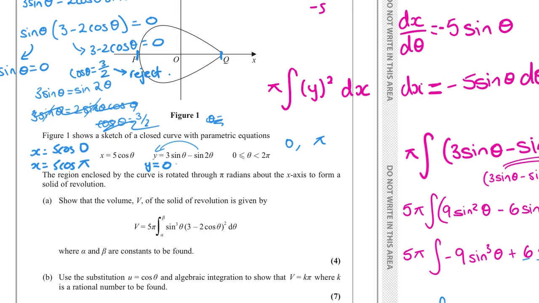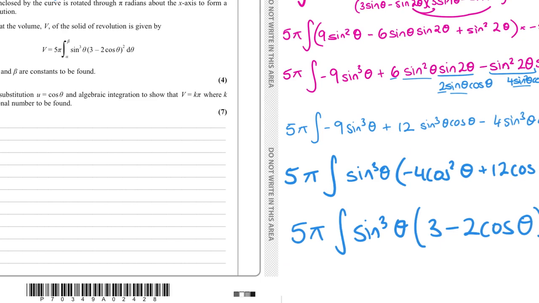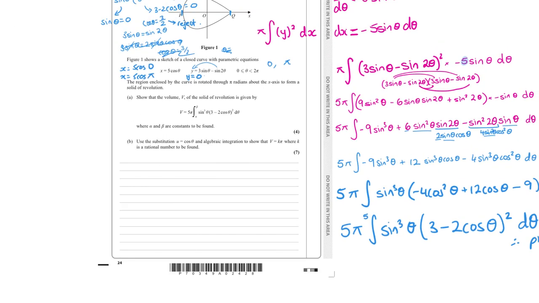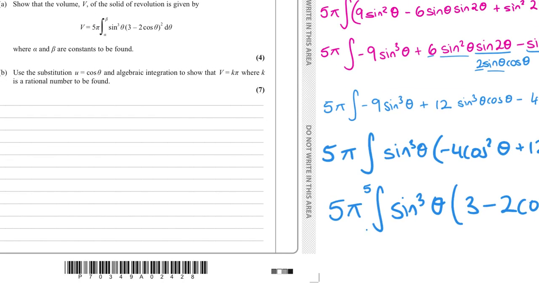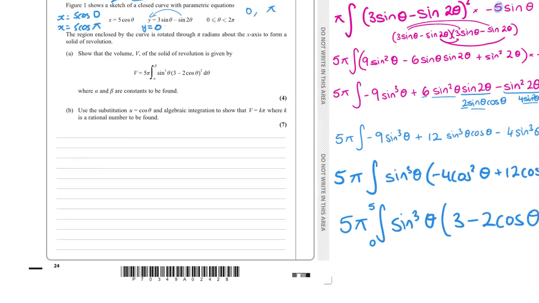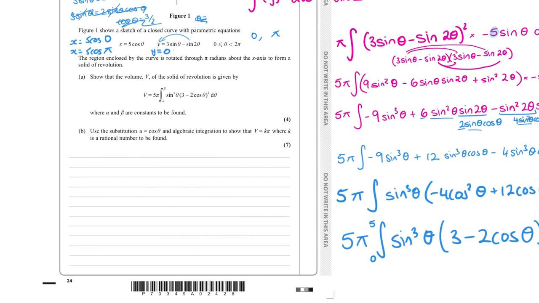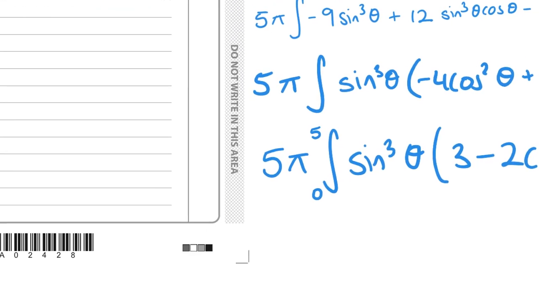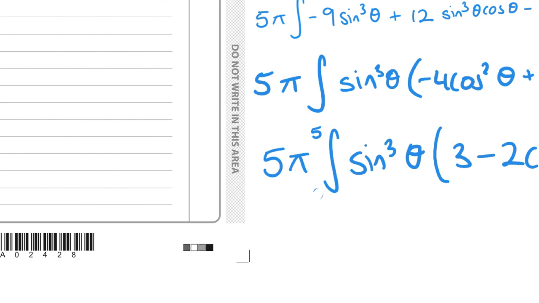So what is 5 cos 0? 5. What is 5 cos pi? Minus 5. That makes more sense.